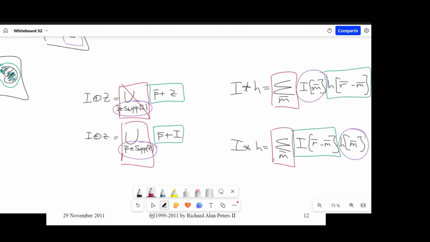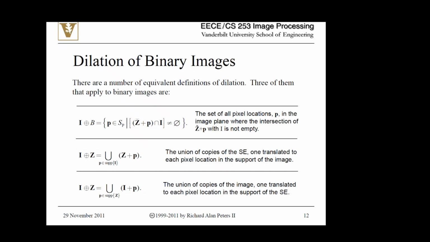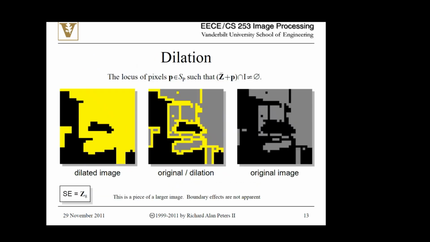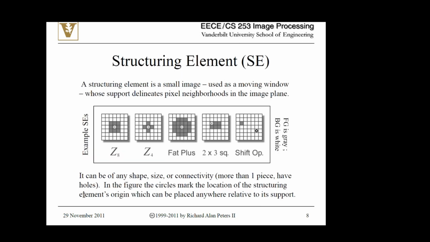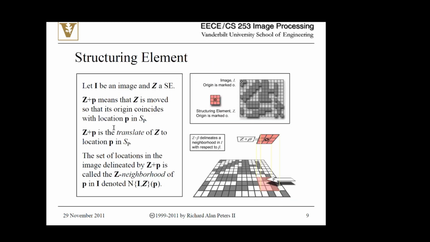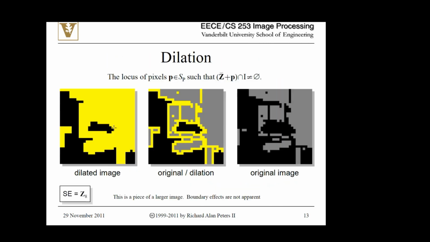Question? Okay, so let's see how it works. Consider that we have this image. This is our kernel. Kernel is set A. And then this is the result.